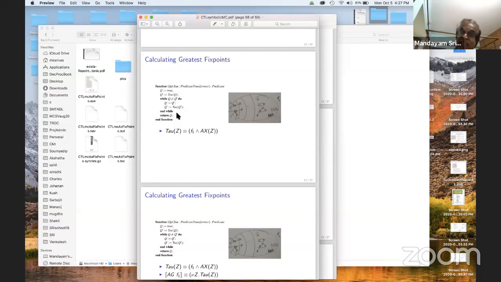But the interesting thing is, for a lot of infinite state systems, the iteration can still terminate, and it is sometimes useful as long as the fixed points that you care about are limits of finite chains.